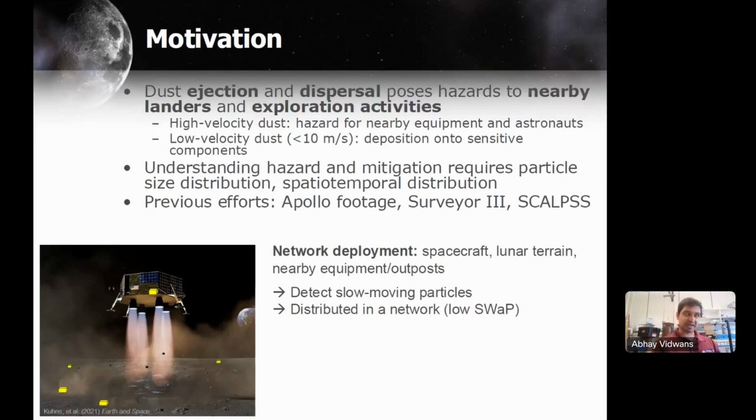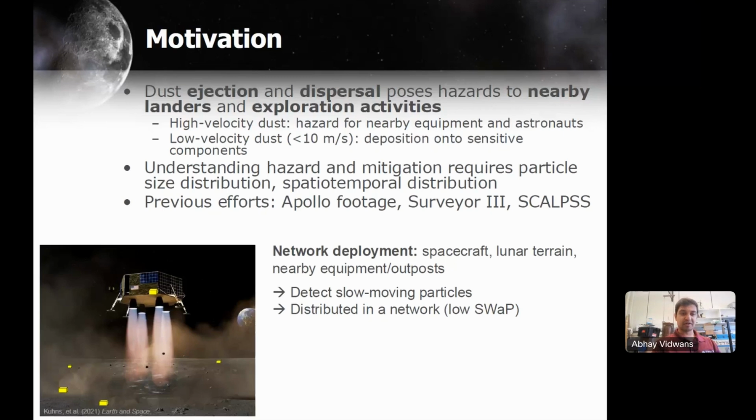Now, it's important to understand the size distribution of these dust particles because it has significant effects on, firstly, the extent of the hazard that the dust particles are posing, and also how to mitigate the risks caused by the particles. So when you think about particles depositing onto a surface, what mitigation strategy can you use to remove them from the surface, and how effective will that strategy be? It depends on the particle size distribution.